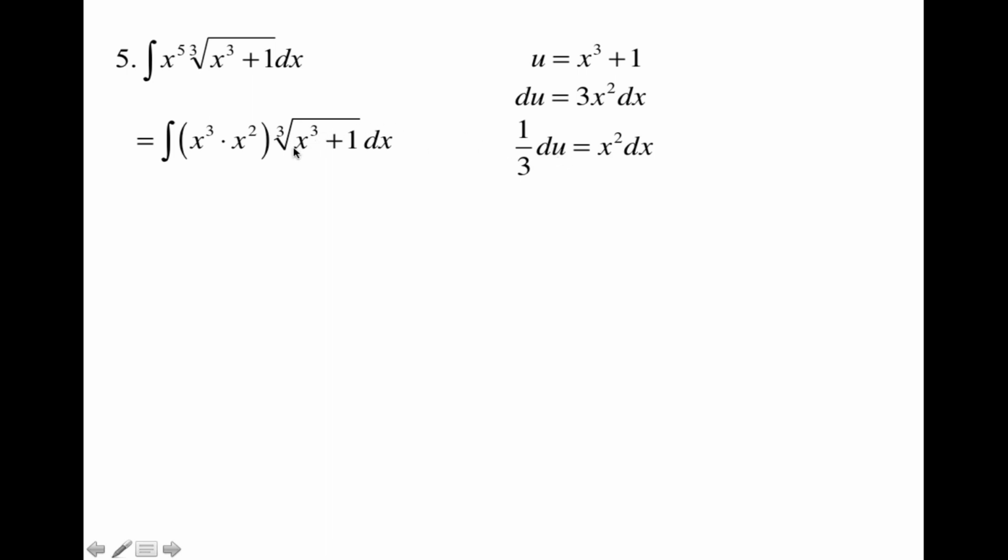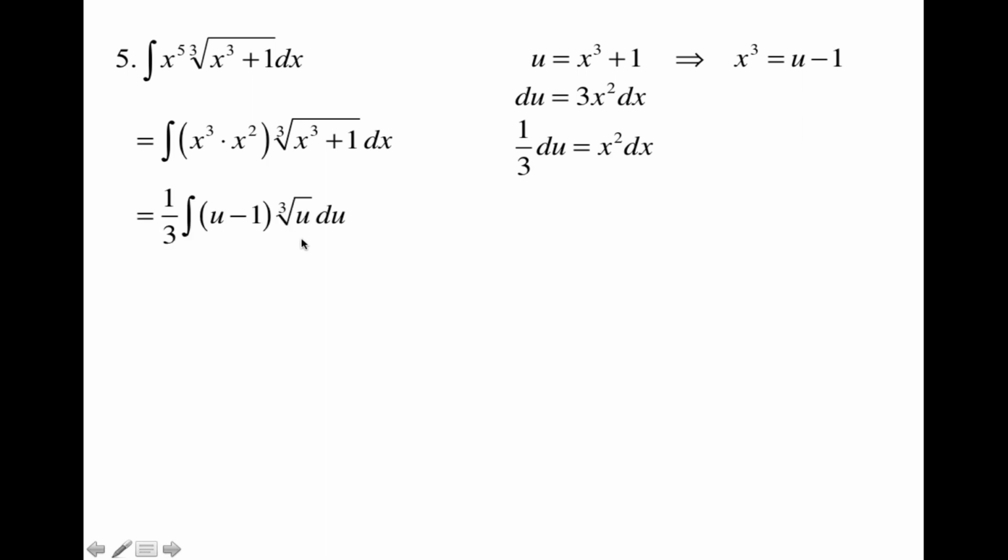And I have my u, which is x cubed plus 1. But I still have this x cubed floating around. Well, if we look back over here, we have an x cubed that I could solve for and get it in terms of u. And when I do that, x cubed will equal u minus 1. So now I can substitute in u minus 1 for x cubed.